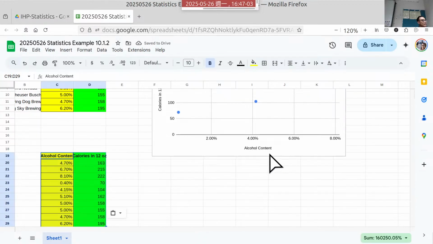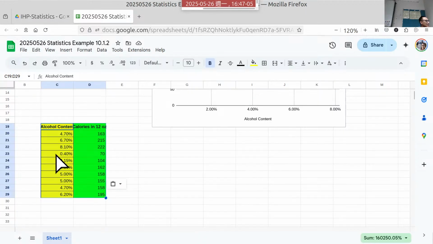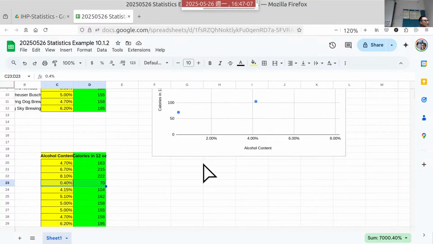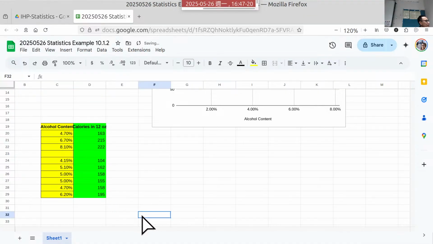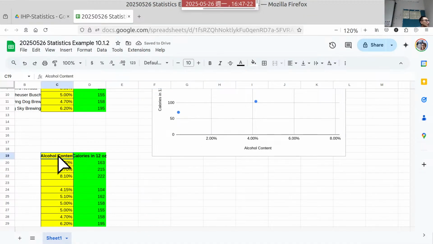Can you get it? Outliers here, because from the x-axis, the reading is very close to 0%. This one is the exception, and delete. Click delete. And now I will change a different color.